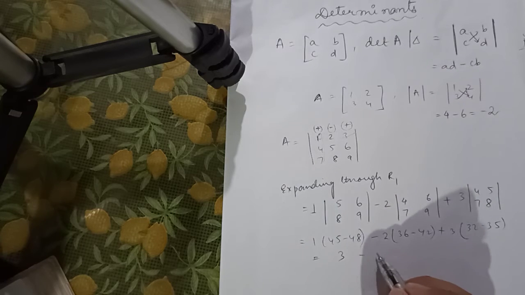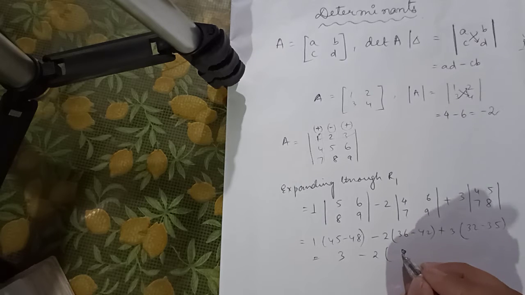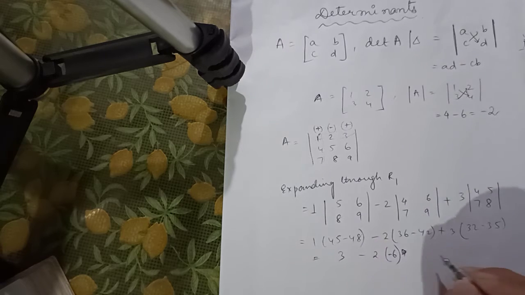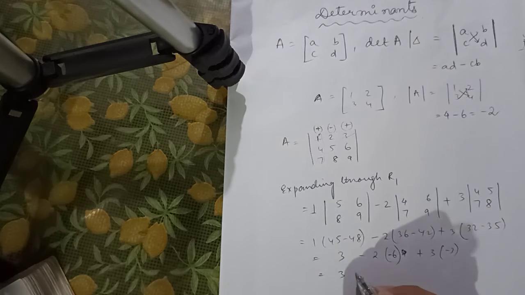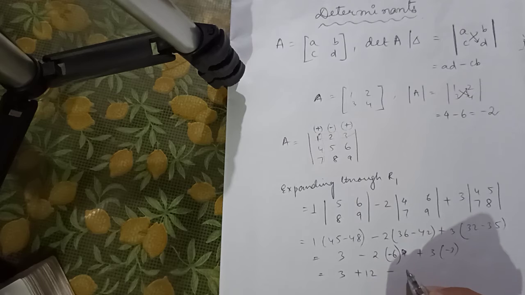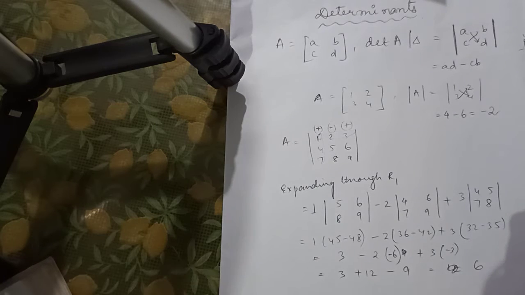So this is minus 3, minus 2 times minus 6 is plus 12, plus 3 times minus 3 is minus 9. So 3 plus 12 minus 9 is 6. The value of this determinant is coming to be 6.